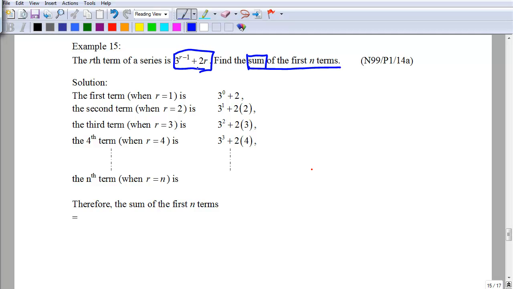So we start with r equals 1 to get the first term. When r equals 1, the first term is given by 3 power 0 plus 2. That's what we get when we substitute r equals 1 into the expression. The second term, when r equals 2, is given by 3 power 2 minus 1, that is 3 power 1, plus 2 times 2.